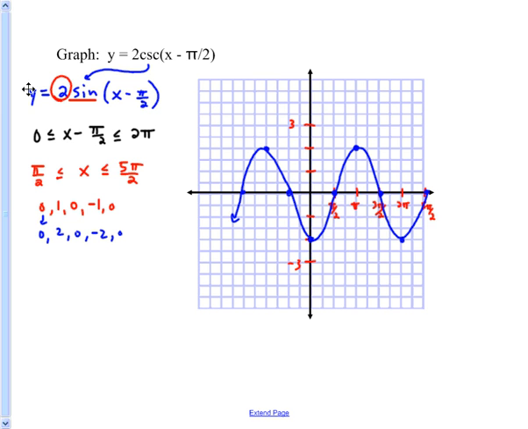Now, wherever sine is 0, we're going to have these asymptotes. And then these points are still going to be in common.